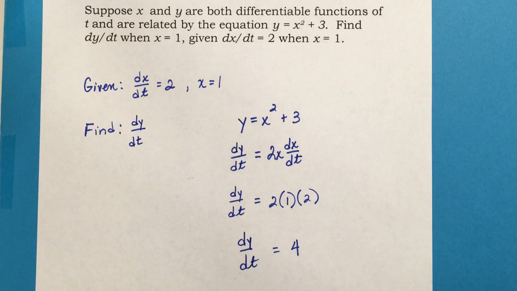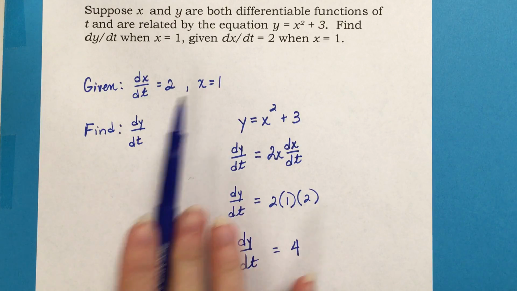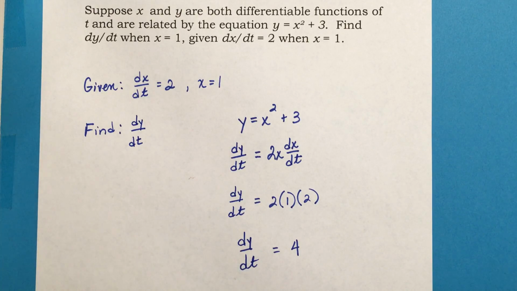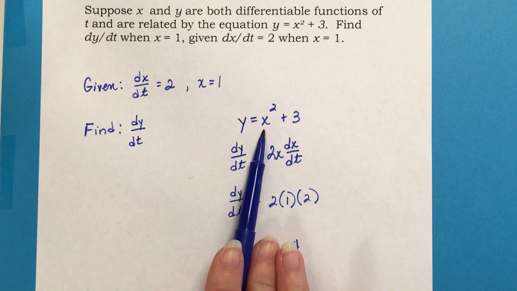Now, one thing that I see students do sometimes is, when you're given values like x equals something, y equals something, sometimes they may give you a radius, and you want to substitute those numbers in way back up here at the beginning.